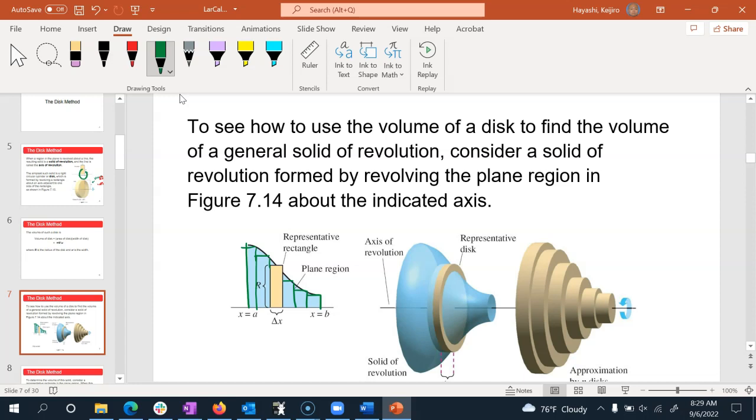So right now I've got 6 rectangles. I'm going to rotate them out to be like 6 cylinders, and that's going to give me an approximation of the volume of the true shape, the 3-dimensional shape that's in blue right here. These 6 disks are going to give me an approximation of that, in the same way that a bunch of rectangles give me an approximation of an area underneath the curve.